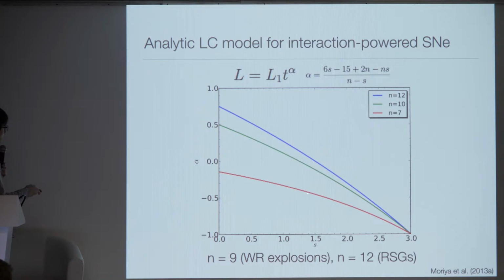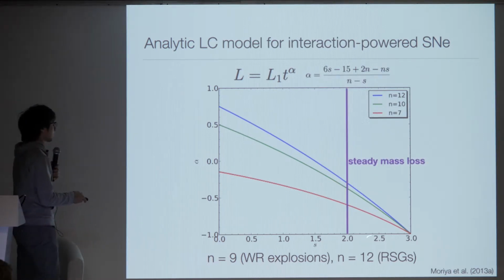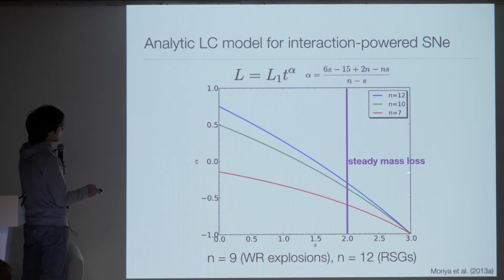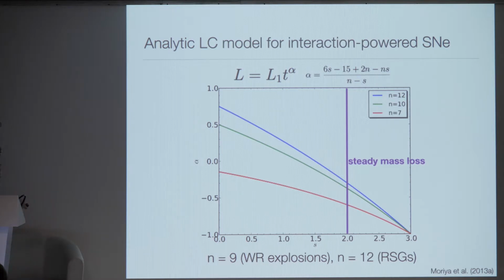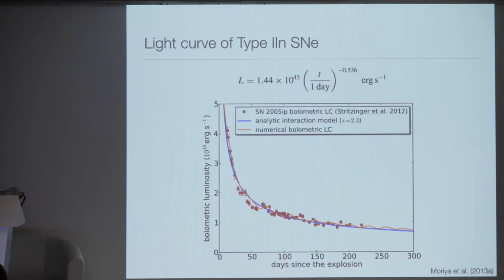So we can see somewhere there. And of course, depending on which one you choose, it tends to be slightly higher than s equal to 2, which you expect from steady mass loss. So maybe the mass loss is consistent with steady, but maybe slightly different from steady mass loss.